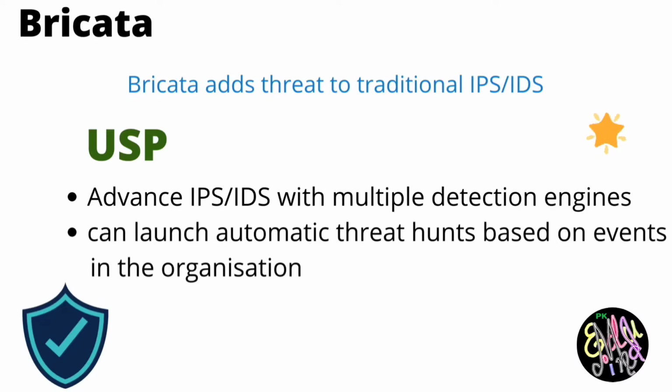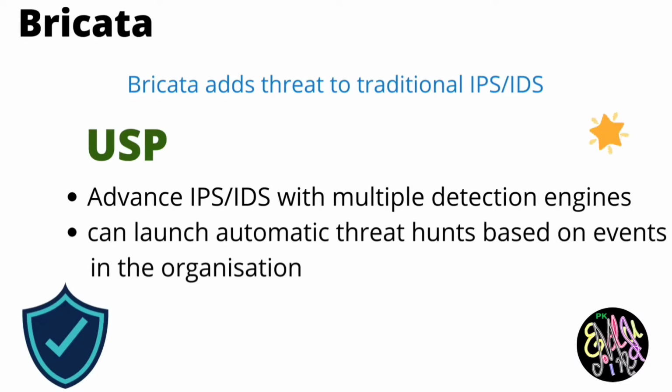This is where the Rocketa platform comes into play. Rocketa offers advanced IPS and IDS protection with multiple detection engines and threat feeds to defend network traffic and core assets, but it goes a step further, adding the ability to launch threat hunts based on events or simple anomalies.